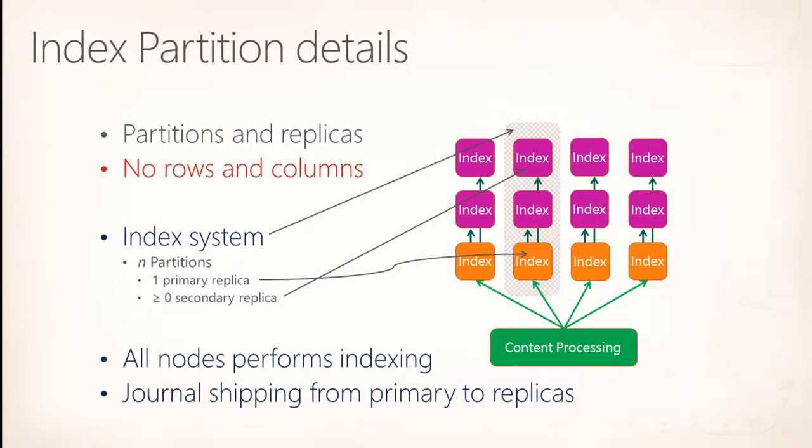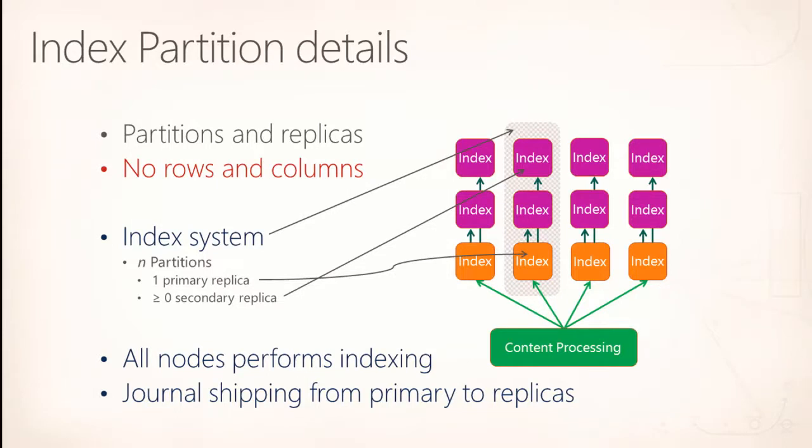But we can just add more partitions in order to handle more content. In addition to that, we also have replicas. Each partition can have multiple replicas, zero or many. And this is how we scale out query bandwidth with the index.